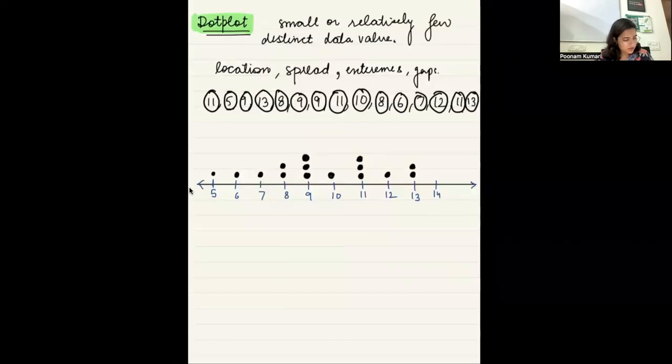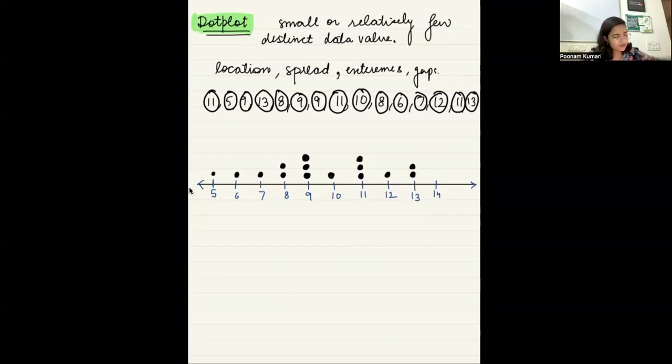Let's continue our discussion. And now let's start talking about how do you present data in form of numbers. So when you have a lot of data, there are some important numbers which will give you the central position of your data. So what are the different measures of location?